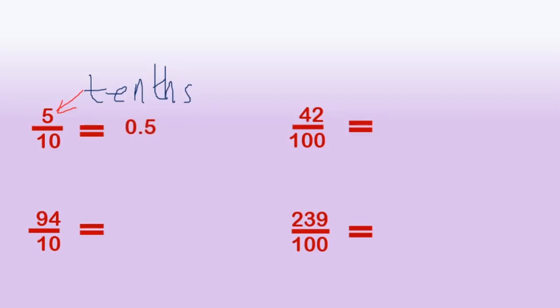So when we are to place these numbers, this 2 is going to be in the hundredths column, and then this 4 is going to be in the tenths column. All right, and then we are done.